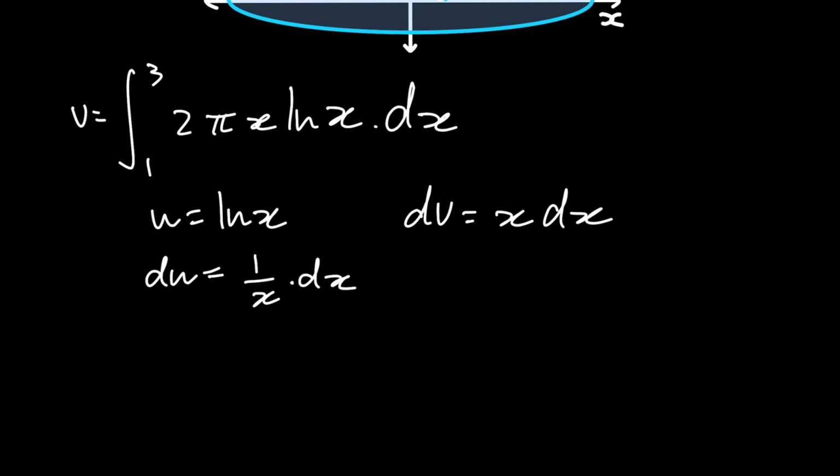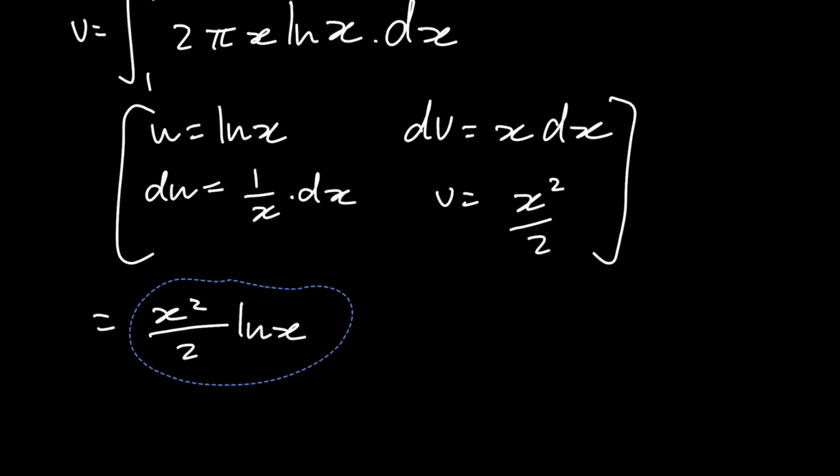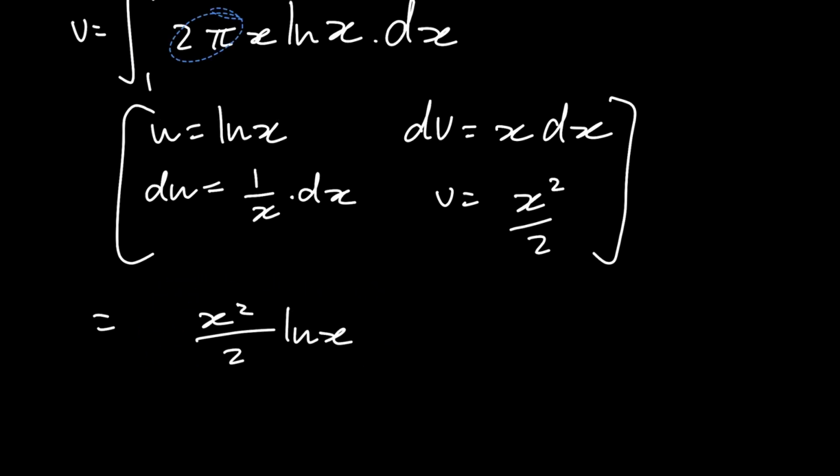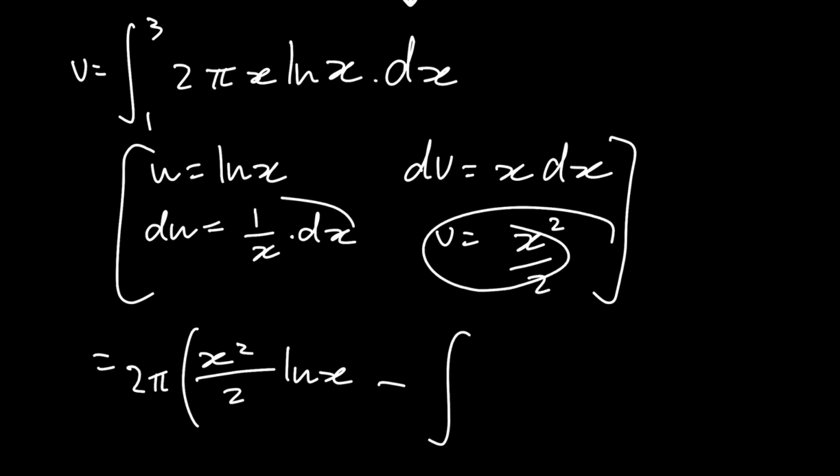Then integrating, v will be x squared over 2. Now expressing our integral, we get x squared over 2 times the natural log of x, that's uv. And don't forget, everything is going to be multiplied by 2 pi, because I've taken that out of my integral, minus the integral of v du.